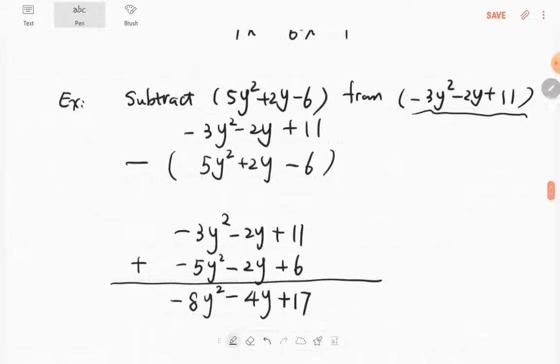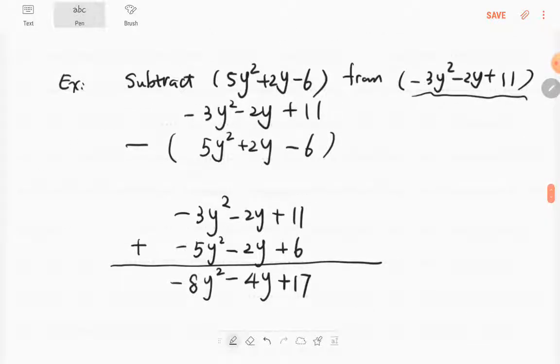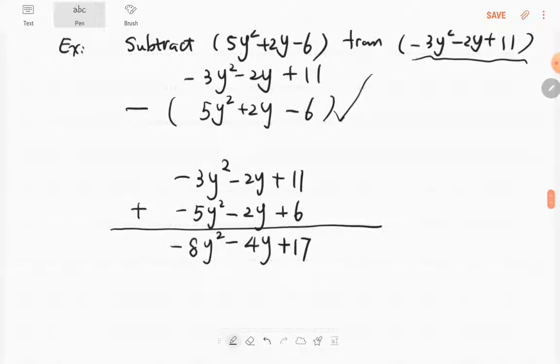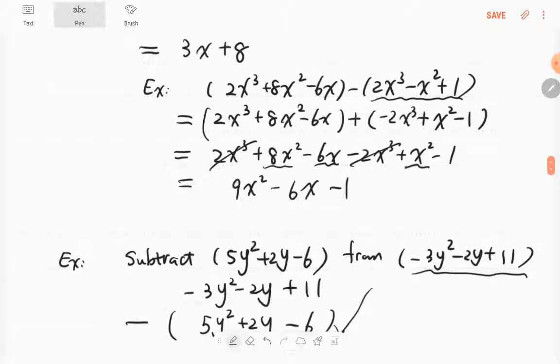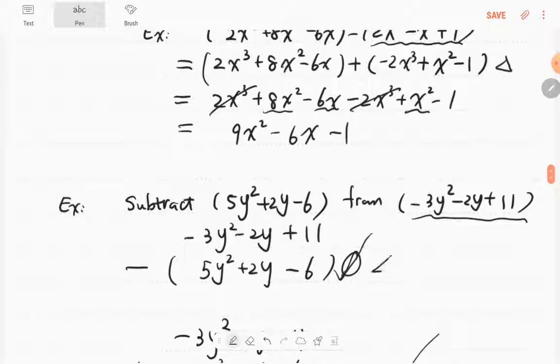So sometimes if you are already very familiar with how to transfer the subtraction to the addition, you could just skip this one. That's fine. You can directly put it this way. You could skip this step.